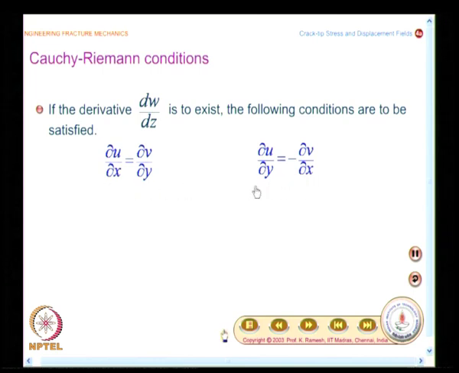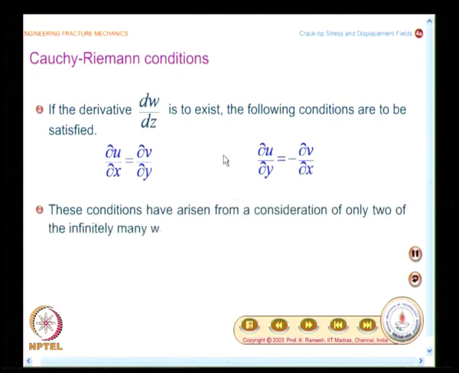Only if these conditions are satisfied, the function w is differentiable. That is very important. And we have got these conditions by considering only two of the infinitely many ways in which delta z can approach 0.